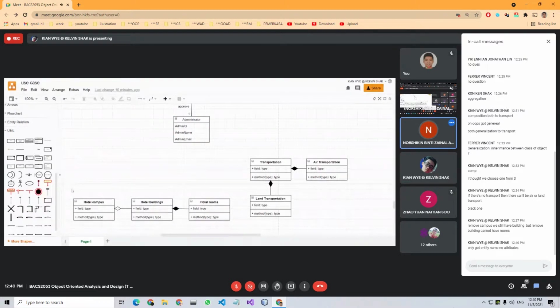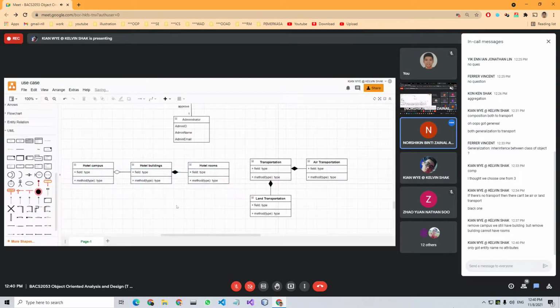Why did you mix all the parts? So hotel room, hotel campus. If I deleted my campus, what is your relationship with this one? Remove campus, still have the building.